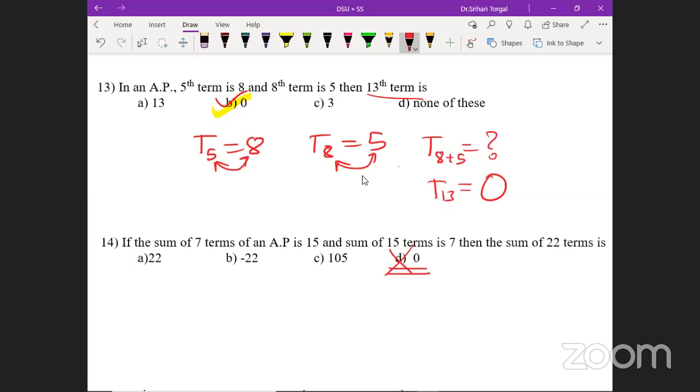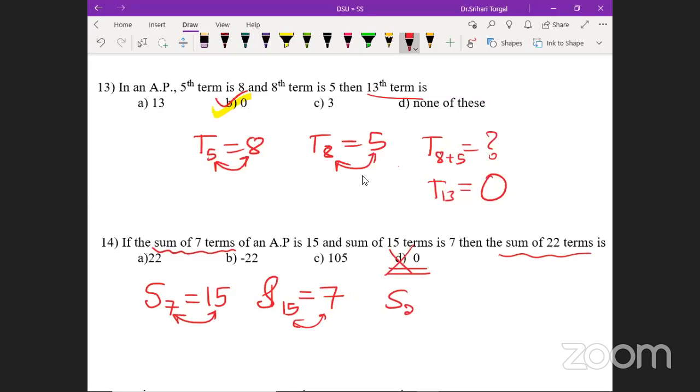And concentrate here. They have given sum of the 7 terms. Sum of the 7 terms. 7 sum. This is not T. The sum is 15. And the sum of 15 terms is 7. Right? In that case, the sum of 22nd term, what is that? 15 plus 7 only.